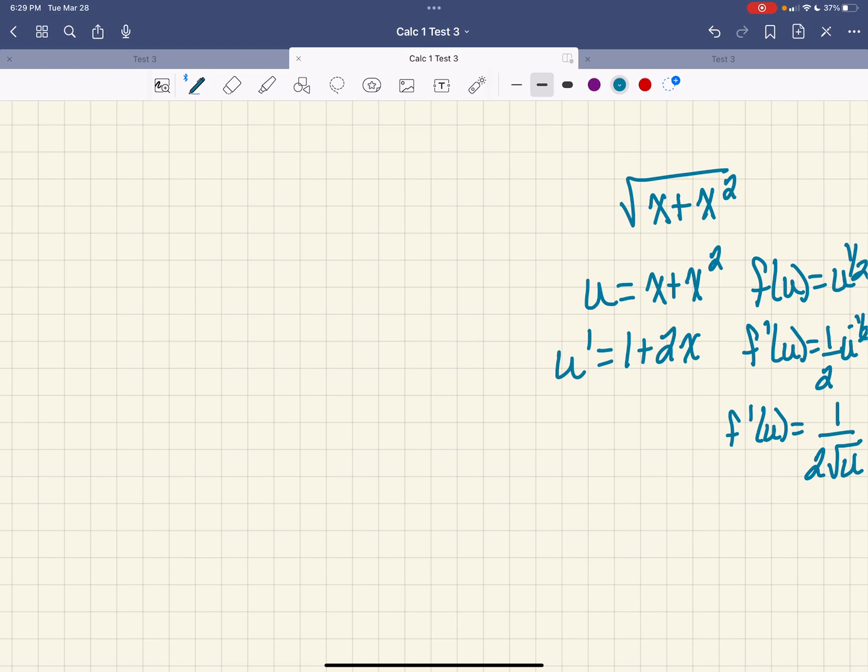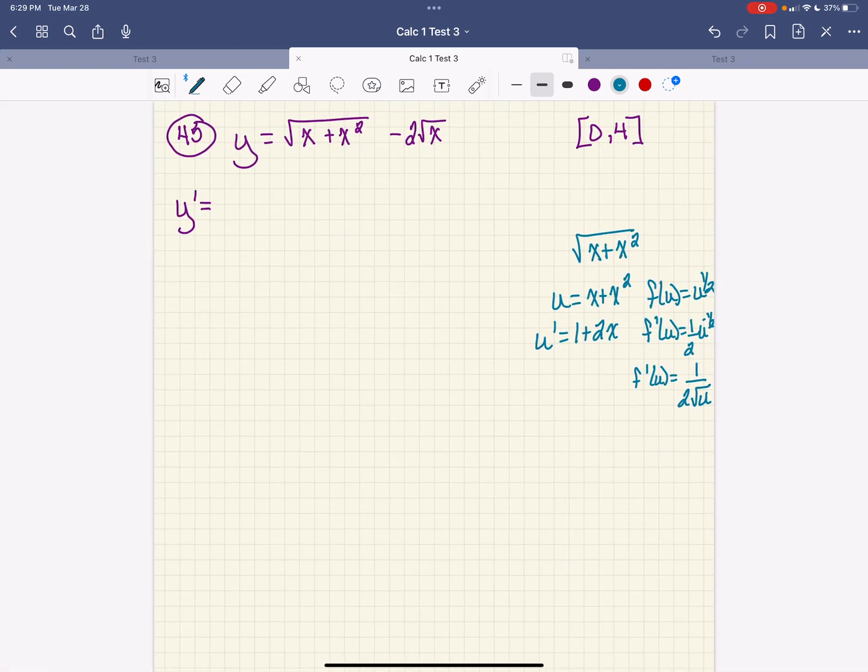So the derivative of this is going to be 2x plus 1. That's my u prime right here. And then I'm going to have in the denominator 2. And then I've got to substitute my u back in, and that's x plus x squared.